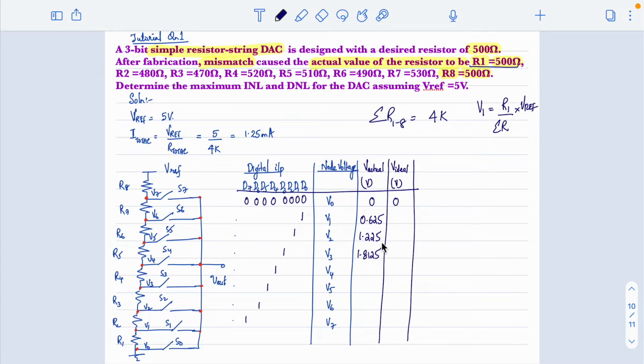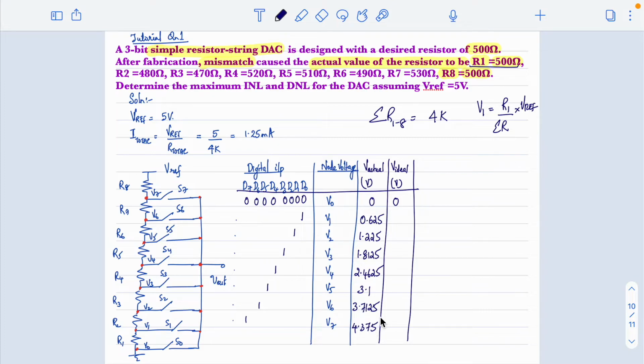And the next voltage, V4, is 2.4625. And V5 is 3.1. V6 is 3.7125. And V7 is 4.375. These are the actual voltages.